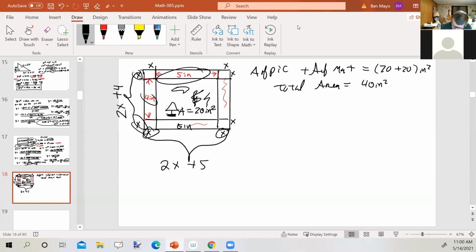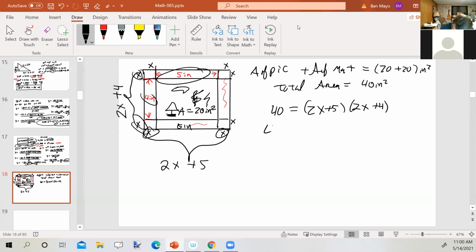So the total area, 40, equals the length, 2x plus 5, times the width, 2x plus 4. Are you okay with where I got the equation? Yes.